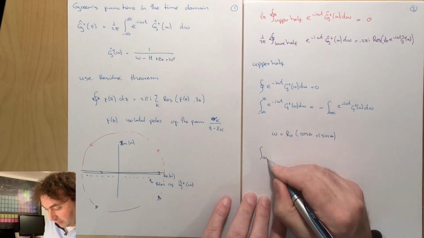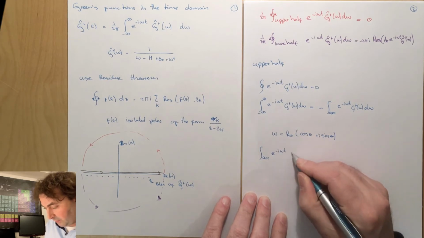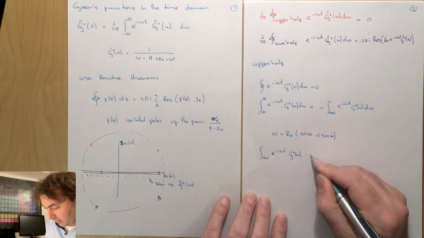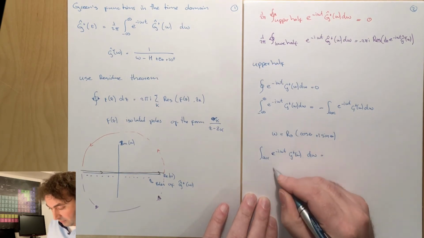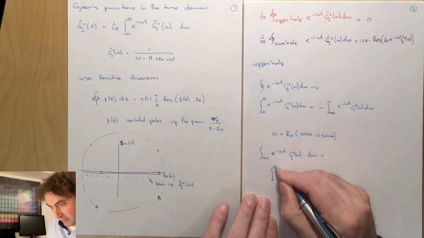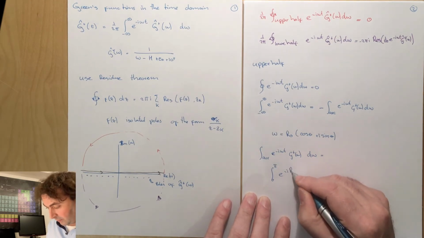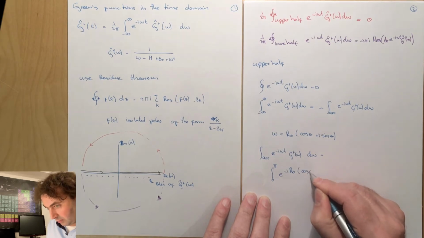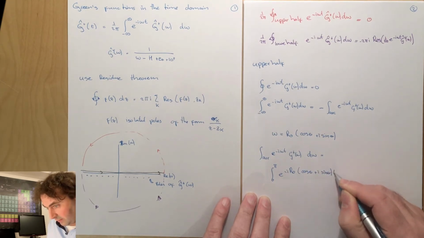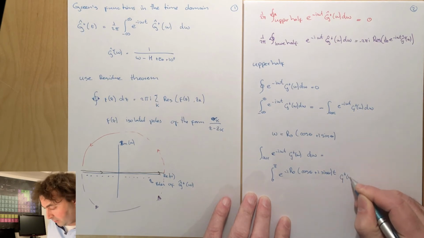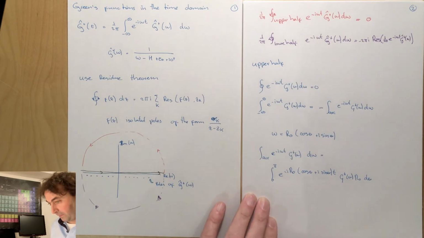The integral over the arc, e to the minus I omega t g plus of omega d omega, is then given as the integral from 0 to pi of e to the minus I r0 cosine theta plus I sine theta t g plus omega r0 d theta.